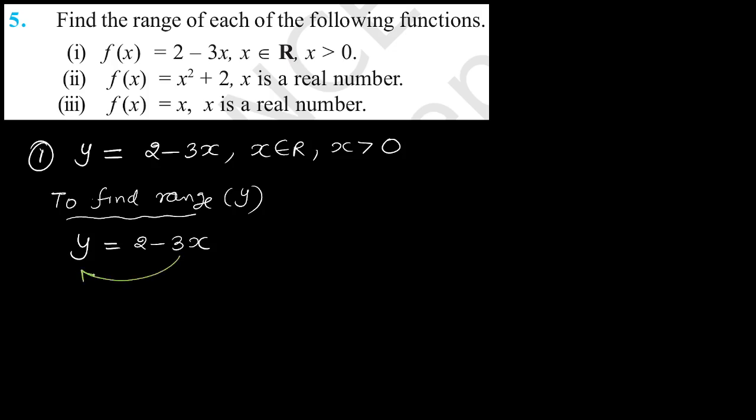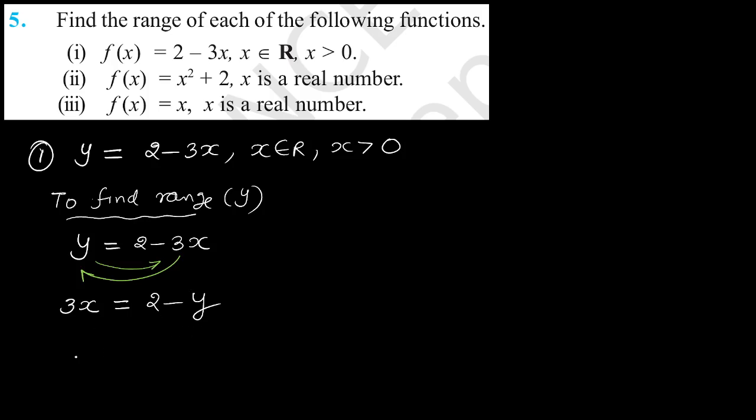Minus 3x this side and y to the other side. That minus 3x becomes plus 3x on the left side. The y goes to the other side, 2 minus y. I think you understood this step. All of you clear? Yes sir, understood.